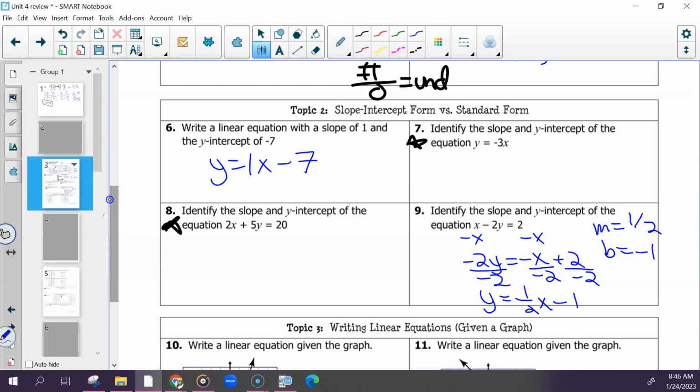For 7, though, we have to figure out what is our m, what is our b, those things. You can just leave it simplified, -3. Otis, you already memorized. Okay, go on to the next page.